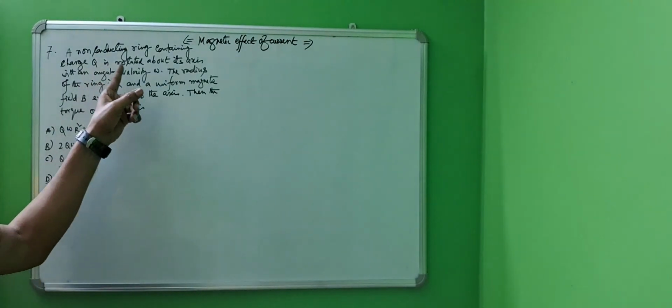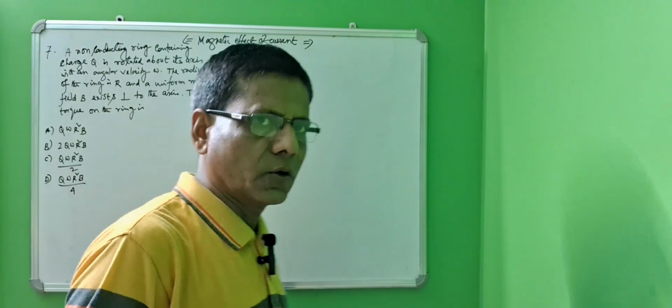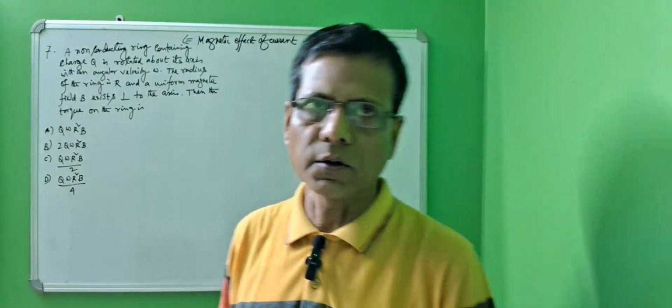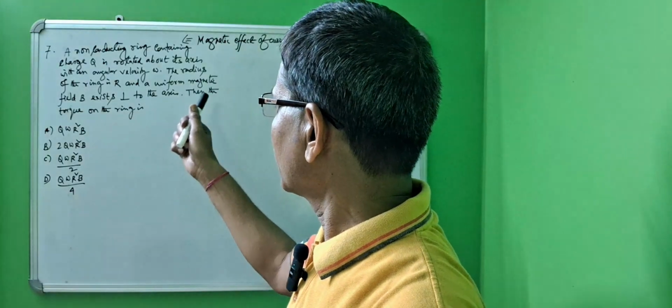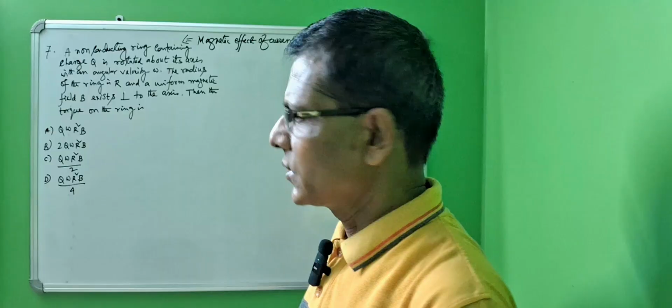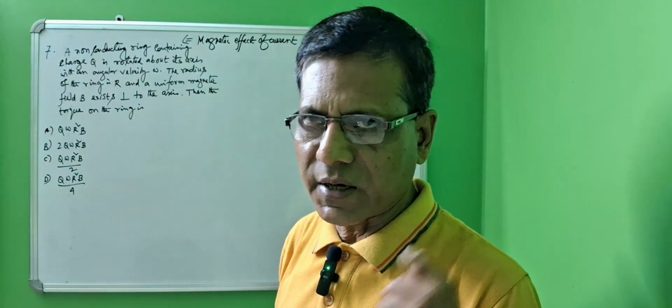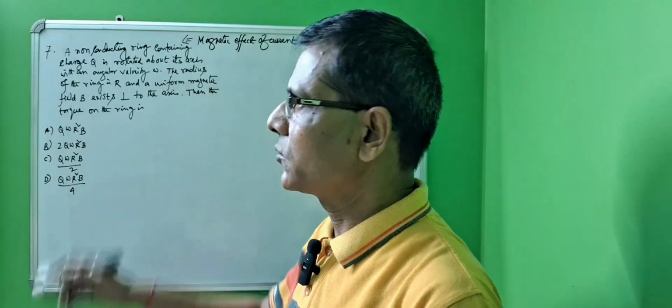A non-conducting ring containing charge Q is rotated about its axis with an angular velocity omega.